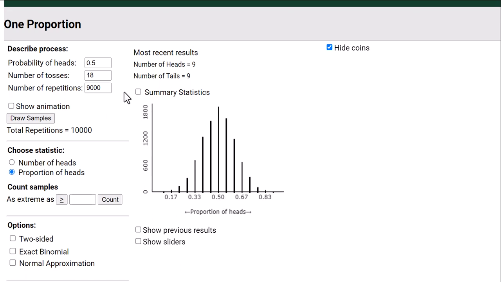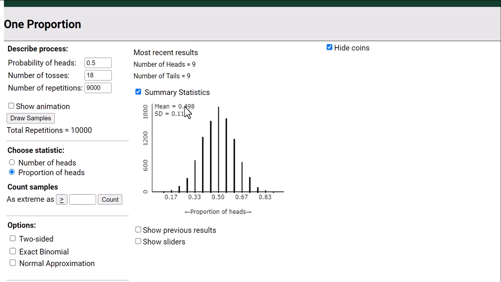And notice that if you click here, summary stats, it gives you the mean and the standard deviation. Yours may be a little bit different than mine because, again, we're doing a different simulation. It's kind of like a number generator. When we did that number generator last week, everyone got different numbers. This is doing the same thing.